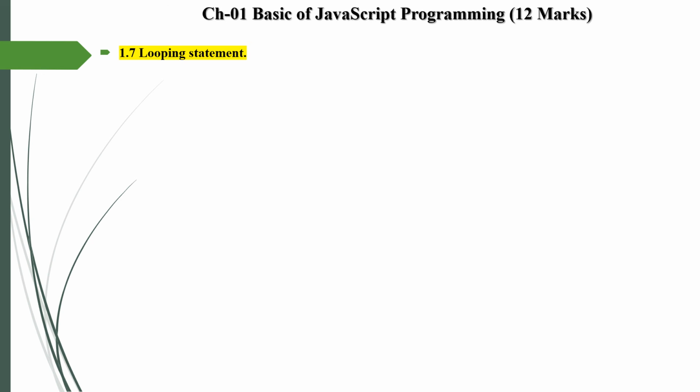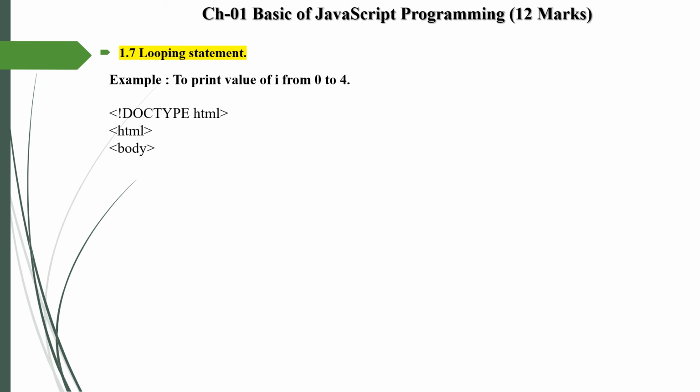Next, we see the example of for loop. Example to print the value of i from 0 to 4. For the code, first we define the doctype, then the HTML tag, then the body tag, and then the script tag. Inside the script tag we create one variable i.